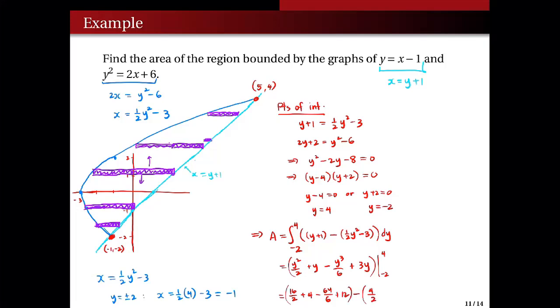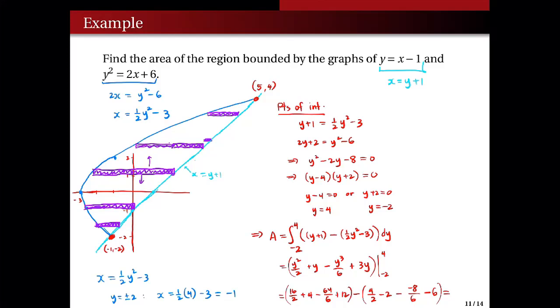Then y equals -2, so minus 2. Then here minus -2 cubed, that's -8 over 6. Then plus 3 times -2, so we'll get minus 6. And then all we need to do now is to simplify this.